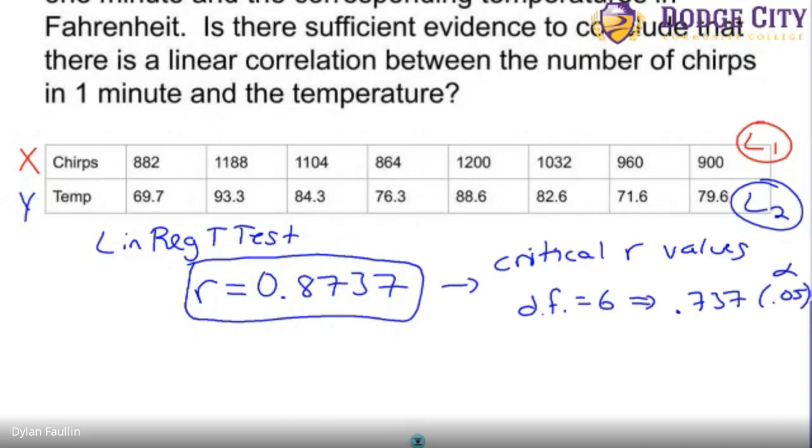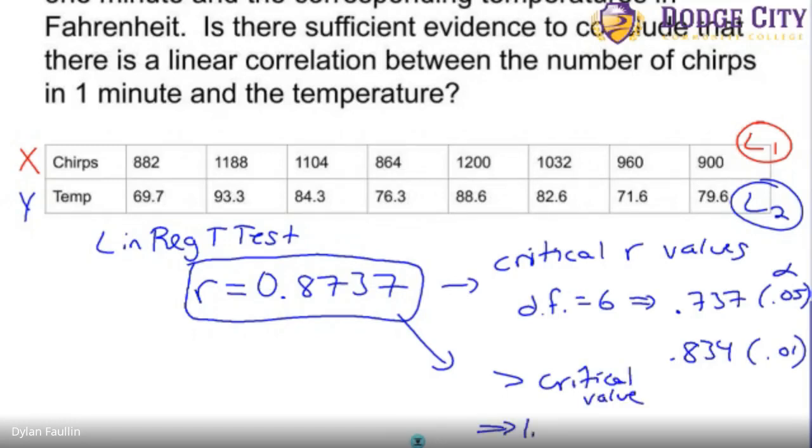I was wrong about that. 0.834 if alpha is 0.01. But either way, this value of r is greater than the critical values, and so we would conclude that it's linear. I'm sorry, let me change that. It's 0.707, wasn't it? 0.707, right?